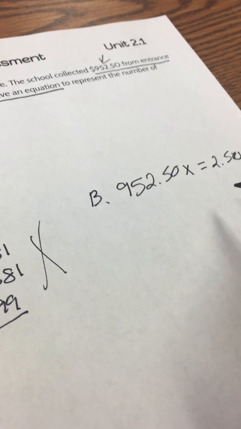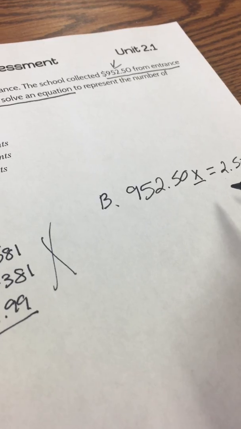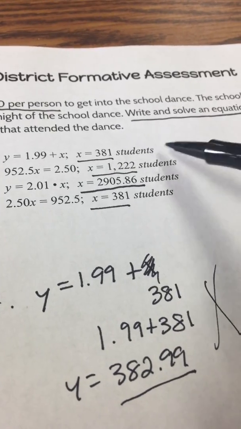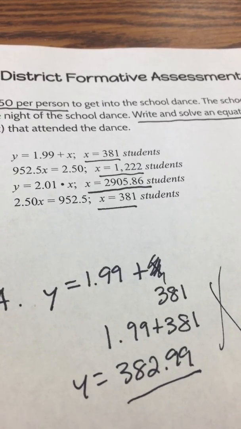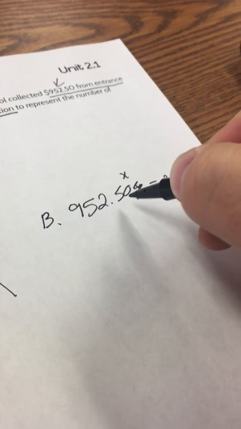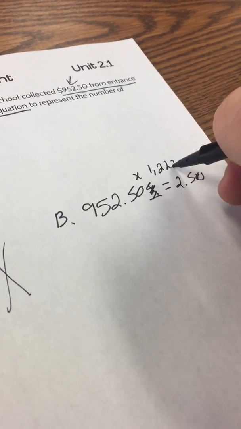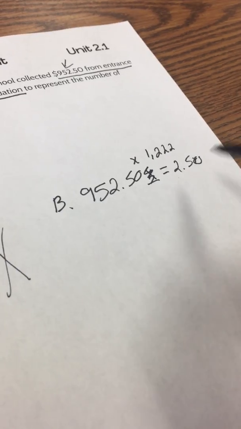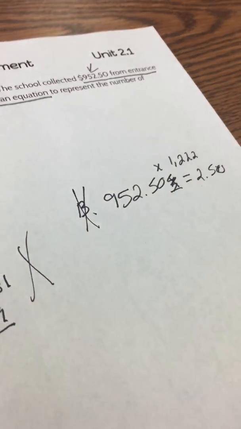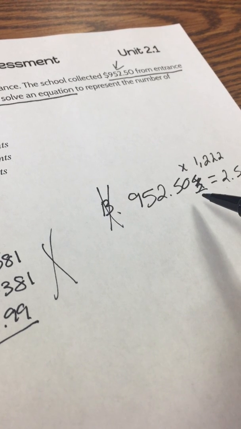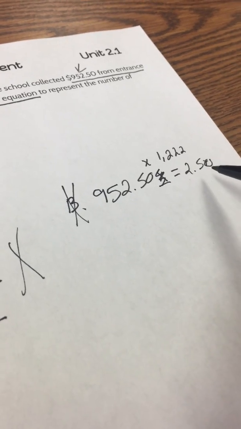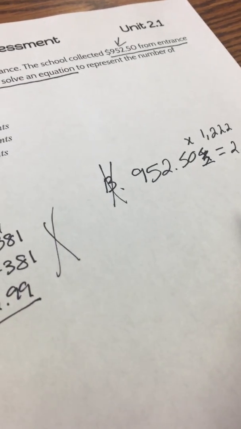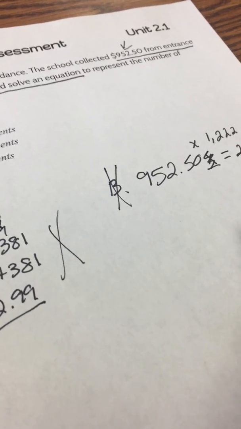Let's see what they want me to substitute in for that X. On this one, they want me to substitute in 1,222. I know right off the bat, if I multiply 952.50 times 1,222, you're going to get a way bigger answer than $2.50. So this one is just not correct. It doesn't look correct from the beginning, and after you work it out, you can also tell it's not correct.